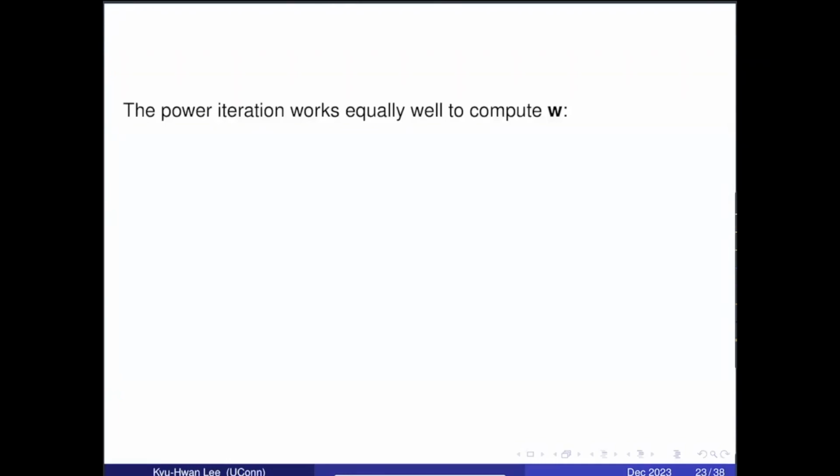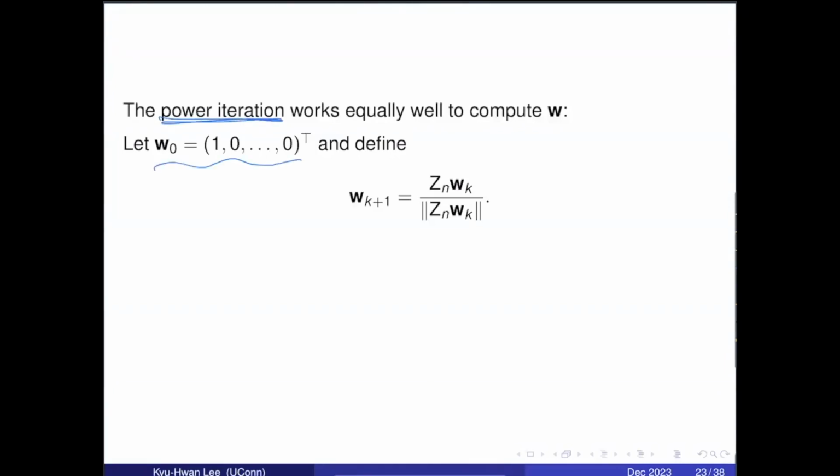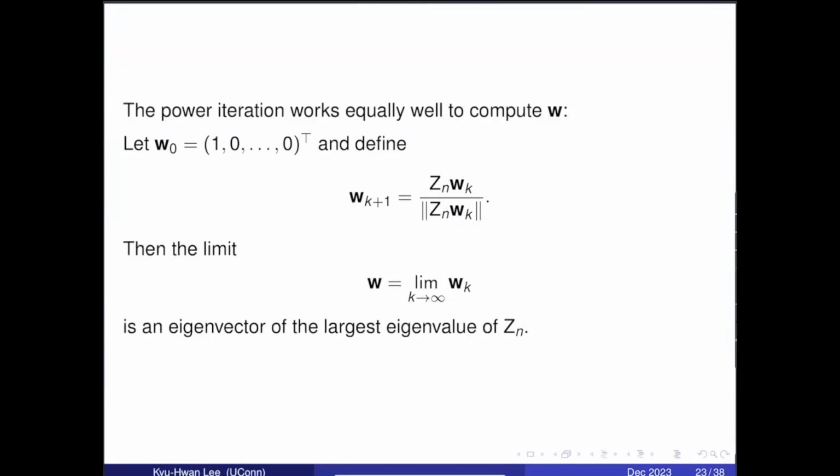Again, we may use the power iteration. Choose the standard vector, then just calculate this again and again. The limit exists. It needs some verification, but in all examples, it exists.